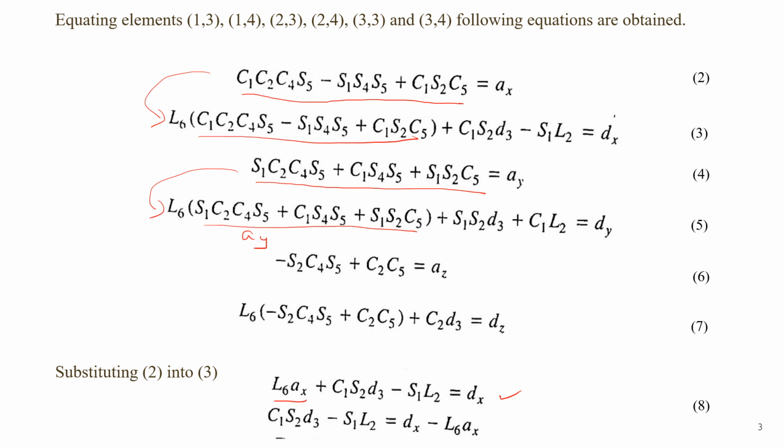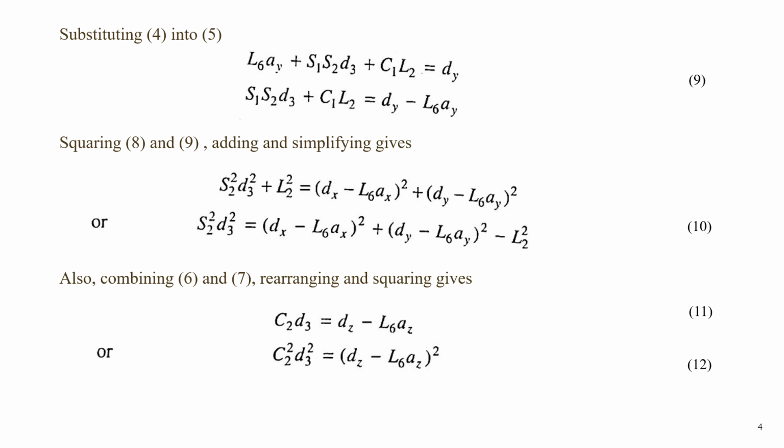So here rearranging this eighth equation, we will be getting C1, S2, D3 minus S1, L2 equal to dx minus L6AX. And in the same way, after substituting the 4 into 5 and rearranging, we will be getting S1, S2, D3 plus C1, L2 equal to dy minus L6AY.